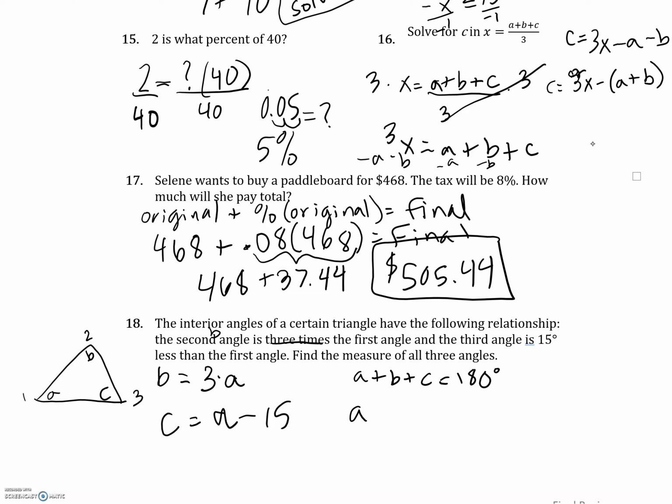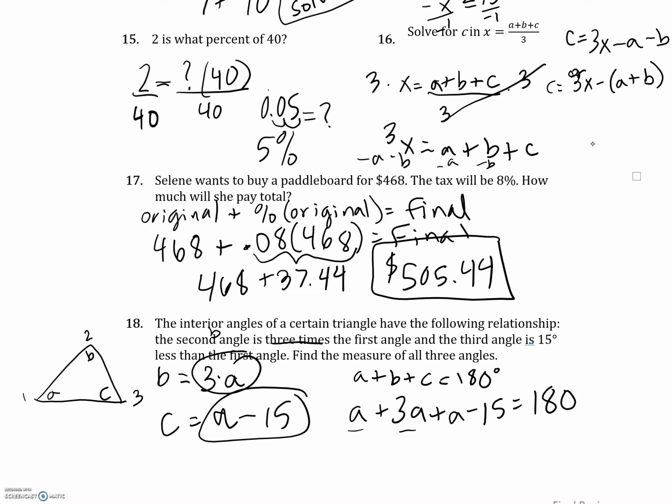A is just A. B, we said, was 3A. And C is A minus 15. All equal to 180. Now we have an equation that we can solve. We'll start by simplifying, combining like terms. A plus 3A plus A is 5A minus 15 equals 180.